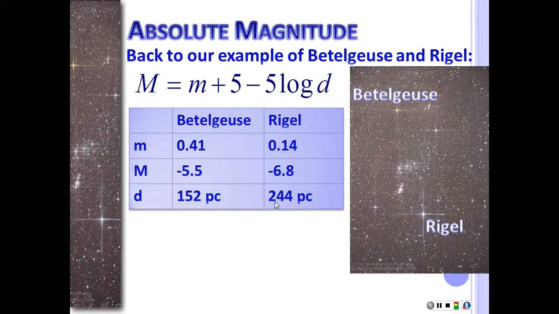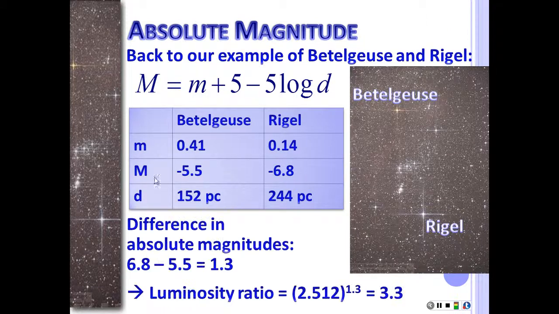And so that means we can convert our apparent magnitudes to absolute magnitudes, and we can see that the difference in absolute magnitude is 1.3, and that means that the difference in ratio is 2.512 to the 1.3, or 100 to the 1.3 over 5, which if you stick that in your calculator will come out 3.3, which is what we got before.